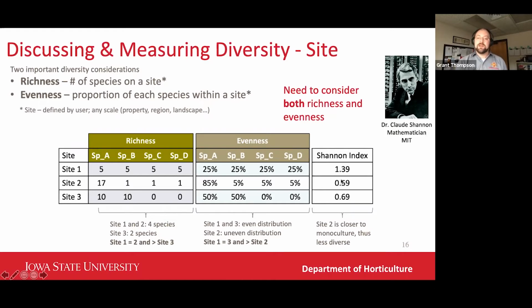You can see that in the numeric weighting of this, the high prevalence of a single species in site 2 really drops the value here. And the more species that are more evenly distributed increases that value. So really this is picking up on site 2 being closer to a monoculture, which is why it's penalized here in the Shannon score.